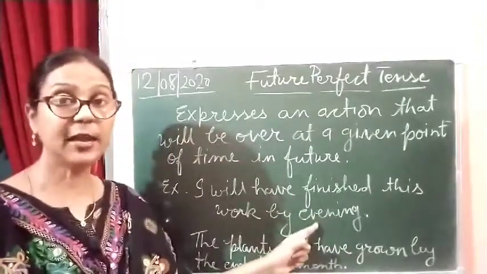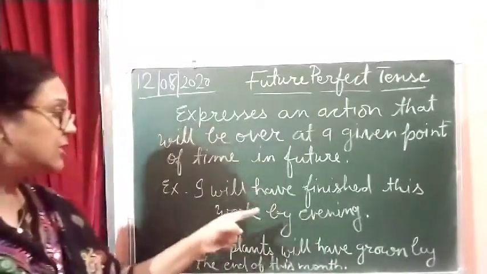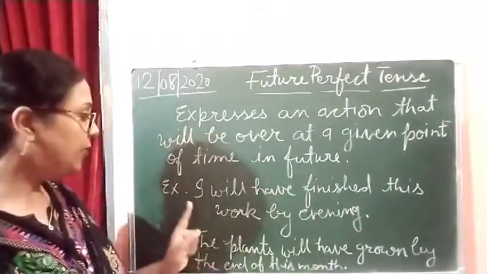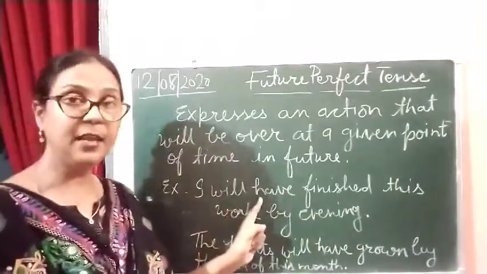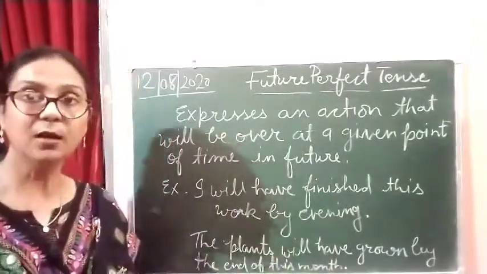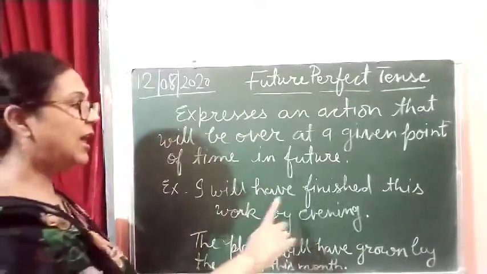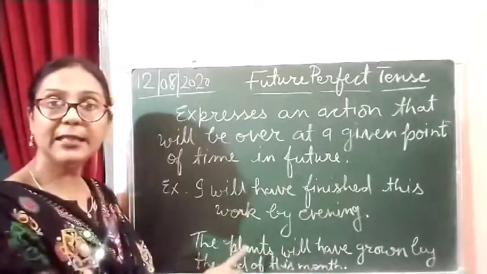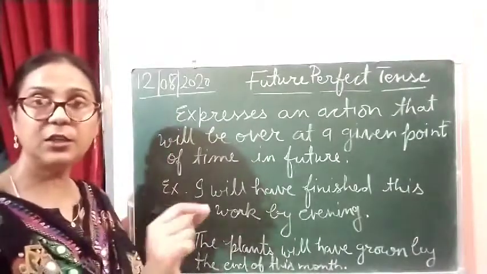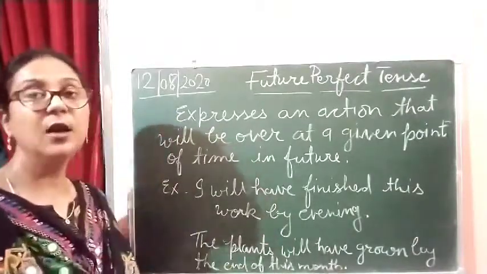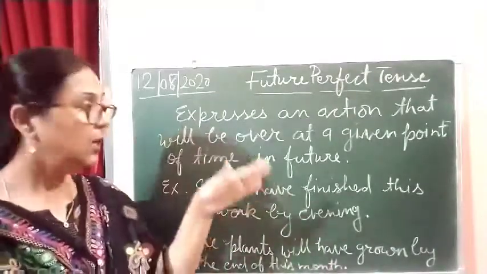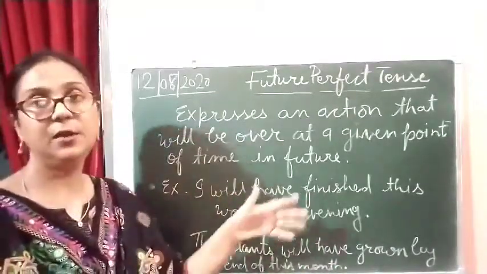The particular time is given here. Here we have used will, then have, and then the past participle, the third form of the verb. So the point of time is given and the action is going to be completed at this particular time in future.